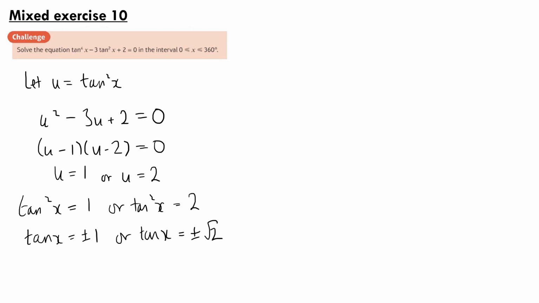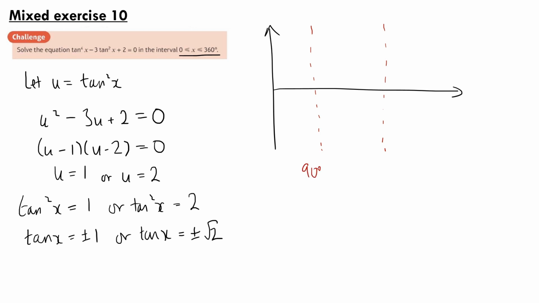And looking from the interval 0 is less than or equal to x is less than or equal to 360 degrees, if we draw out the graph of tan of x and our asymptotes at x equals 90 and x equals 270, our graph will look something like this, with 360 being here.